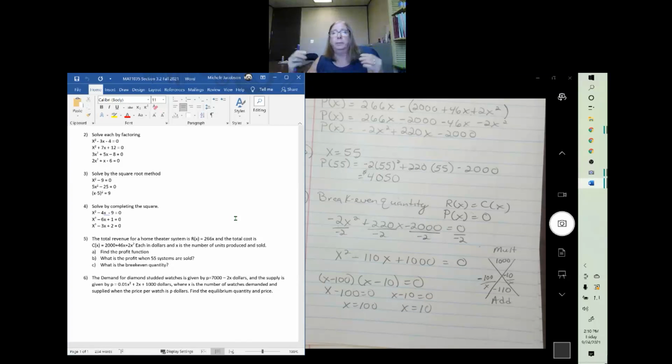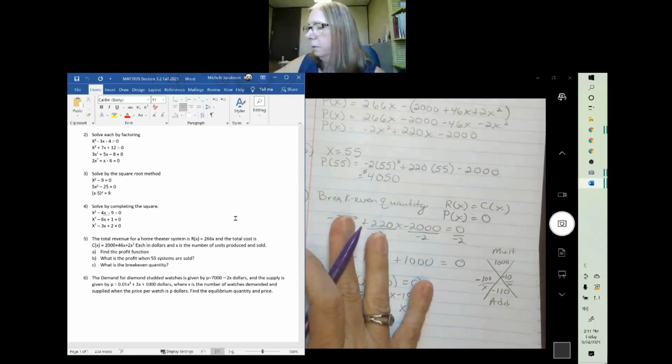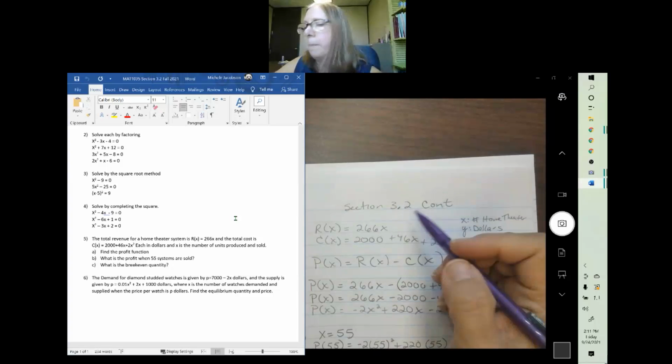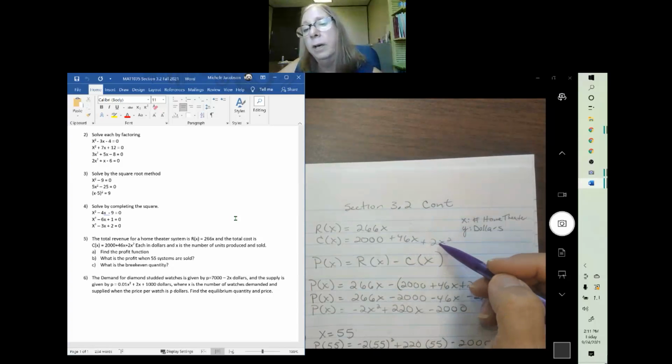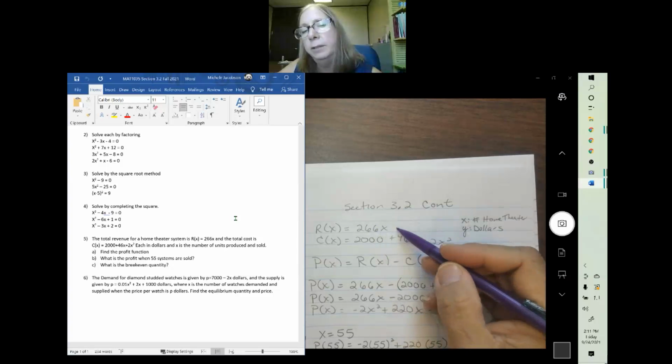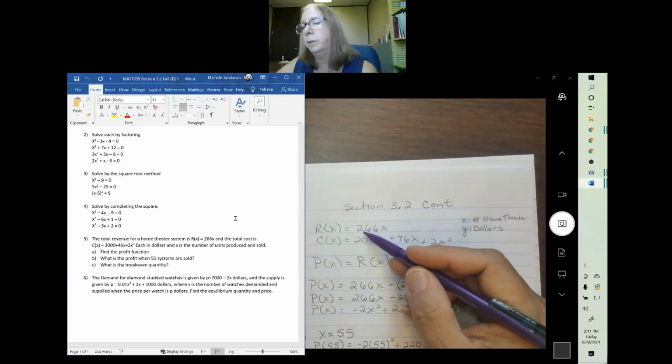Well, the reason is because you're breaking even in two different spots. Because break even is where the two lines, your revenue and your cost, intersect. Because this one is a parabola going up because the A is positive, and this is a straight line that's growing because the slope is positive.